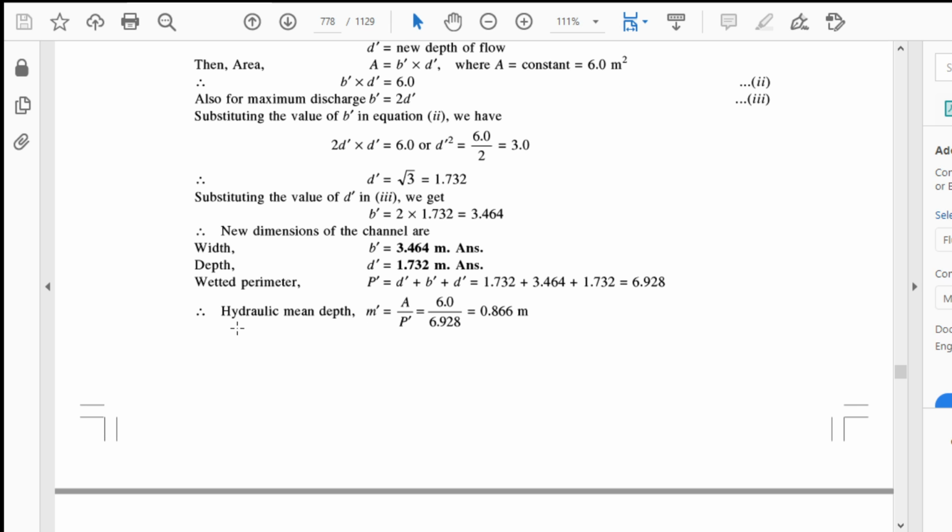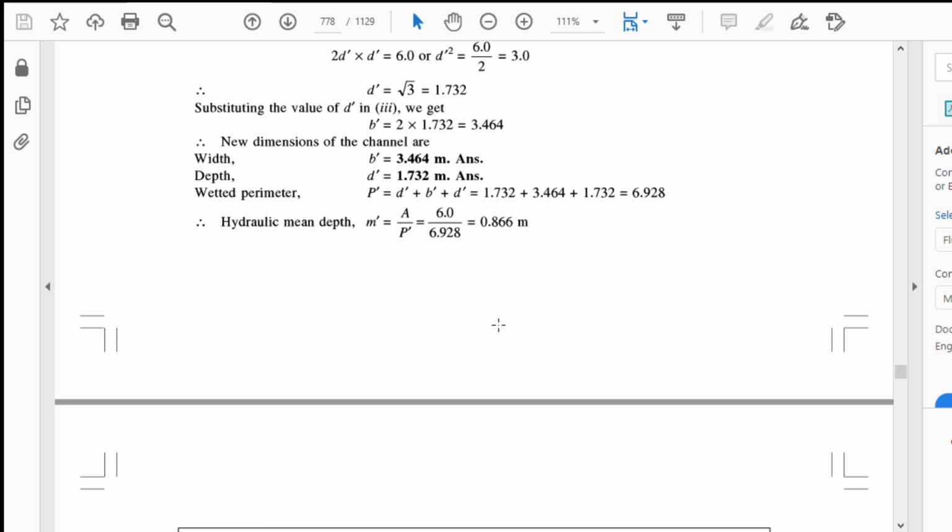Now the hydraulic mean depth for the new dimensions, M dash, will be A by P dash. That will be equal to 6 upon 6.928, that is 0.866 meters, the new hydraulic mean depth.